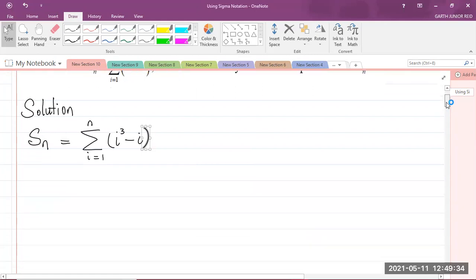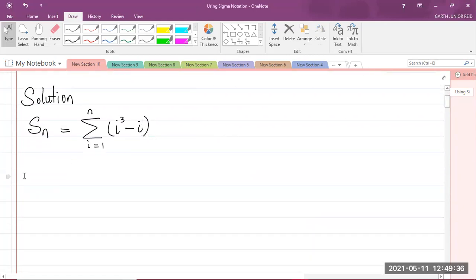They gave us that Sn is equal to the sum from i equals 1 to n of i cubed minus i. So what I can do here is to just separate this as two different summations.